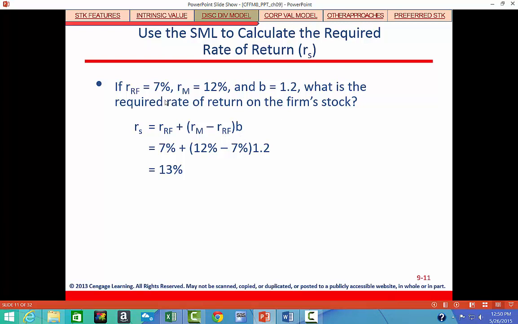So if they give you these assumptions, if the risk-free rate is 7%, then we plug that in wherever we have the risk-free rate. Return on the market is 12% and the beta for the stock is 1.2. What's the required return for the firm's stock? And so you see that we get 13%. So now we have r, something we can use in our valuation to find the intrinsic value of the stock.